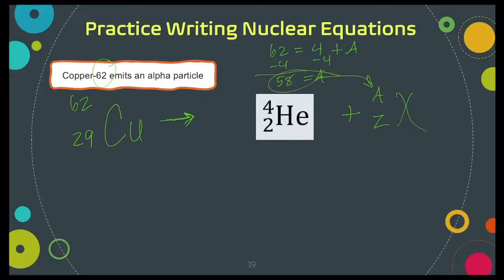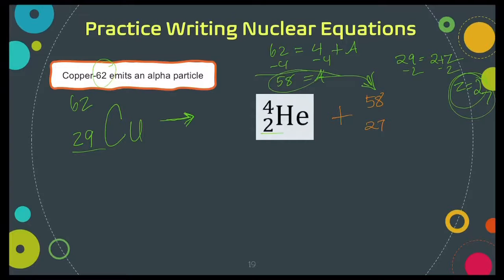We have A. Let's solve for Z next. 29 equals 2 plus Z. Here's the 29, here's the 2, here's the Z. Okay? Subtract 2 from both sides. Z equals 27. We can use 27, the atomic number, to look up the identity of our daughter nuclide.